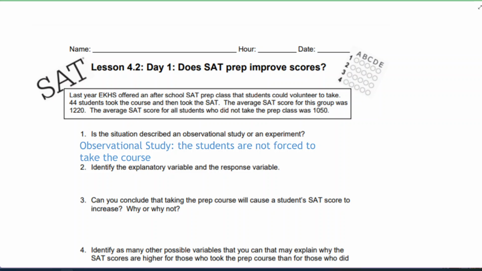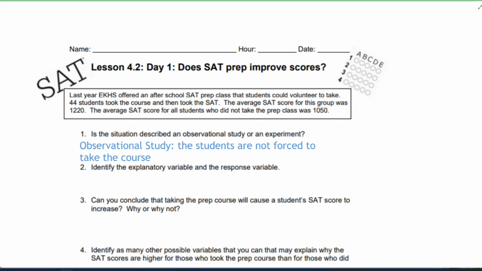Question 2 here. Can we identify the explanatory and response variables? I like to think of this as a very exact thing, and I also like to start with the response variable. For me, that's easier. So the response variable is, in my head, what are we actually measuring? What are we assigning a number to, or what numbers are we taking?